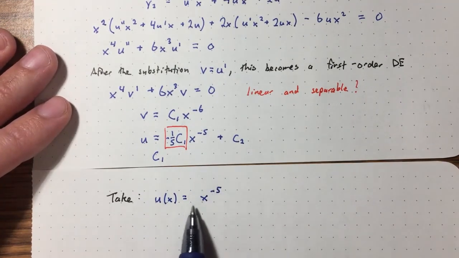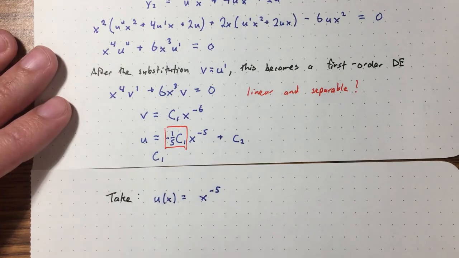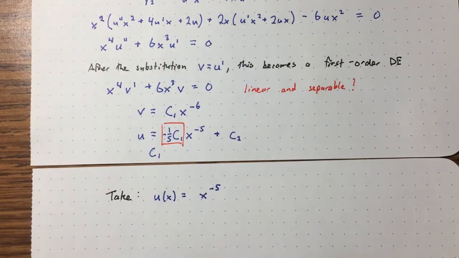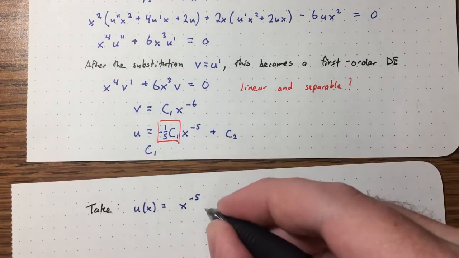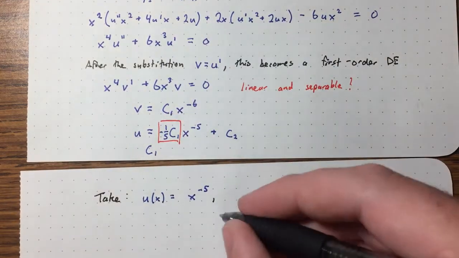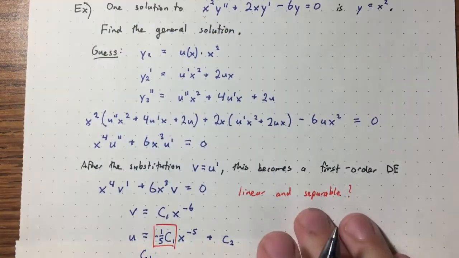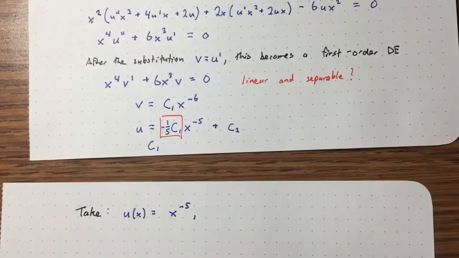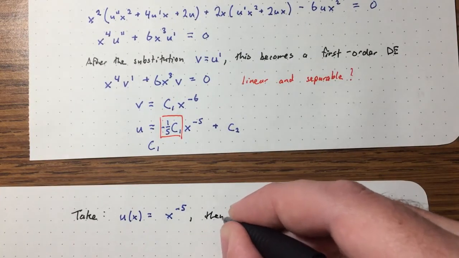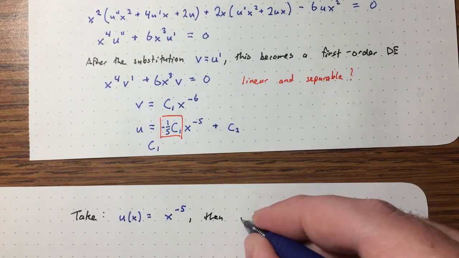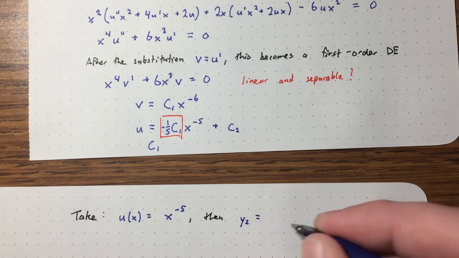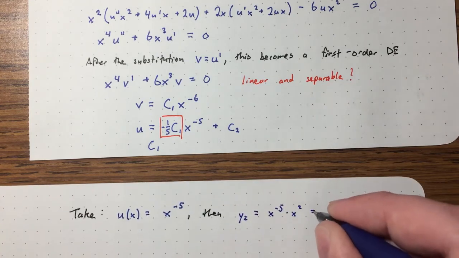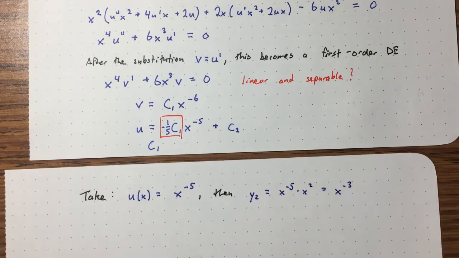This is a non-constant function, so I had to pick c1 to be something that's not 0, but c2 I can take to be 0. Well, if this is u of x, then what is our solution y2? It's u of x times x squared. So my y2 is x to the negative fifth times x squared, which is x to the negative 3.